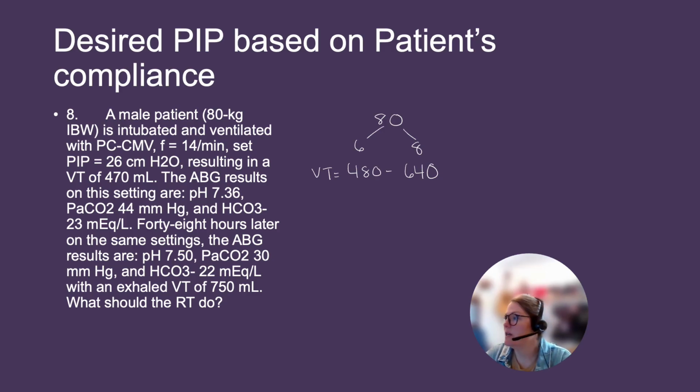Now, because we're in pressure control, we need to take into consideration compliance. So let's not forget that compliance is change in volume over change in pressure. So for this, let's look at the first volume and pressure. We have a set PIP at 26. And our first tidal volume was 470.